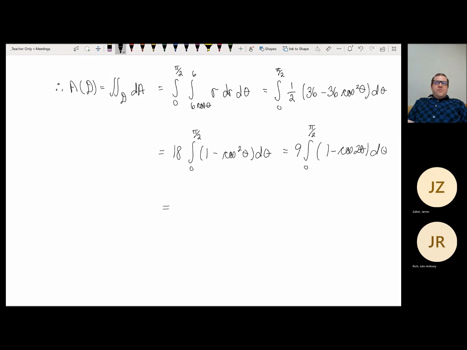It would be pi. No. Cosine's period is not pi. Tangent's period is pi. Period of cosine is 2 pi. So then what's the period of cosine of 2 theta? Pi. Would be just pi. Bummer. We're not integrating over a full period. That means we actually have to integrate cosine of 2 theta. That's a bummer.